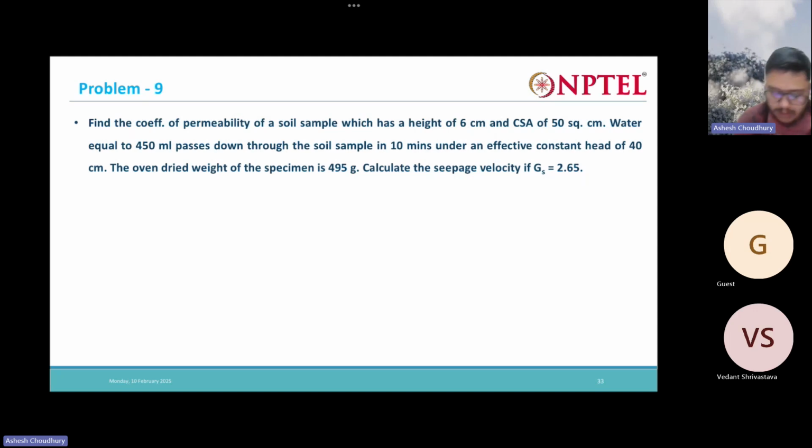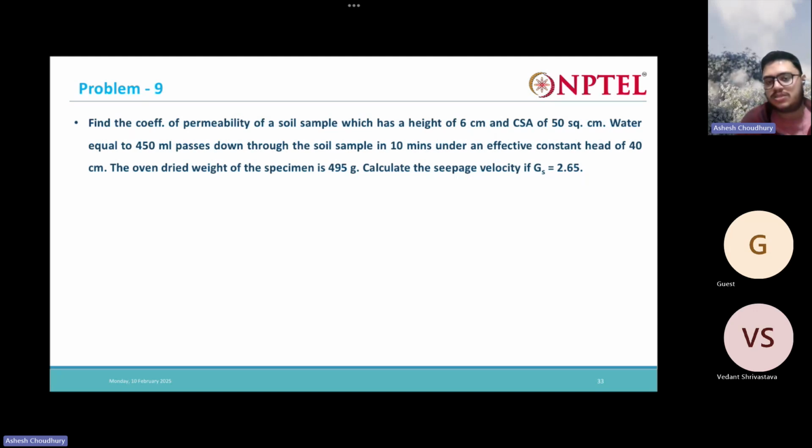Similarly, try to do this now. Find the coefficient of permeability of a soil sample which has a height of 6 centimeter and cross-sectional area of 50 centimeter square. Water equal to 450 milliliters passes down through the soil sample in 10 minutes under an effective constant head of 40 centimeter. The oven dried weight of the specimen is 495 grams.